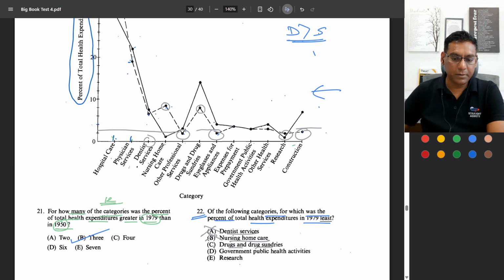It's fairly big. Government public health activities. Where is that? Government public health activities. That's there. I think this is a good answer choice. Research. Now research versus government public. Obviously government public is higher than research, so the answer choice has to be research. Answer choice.